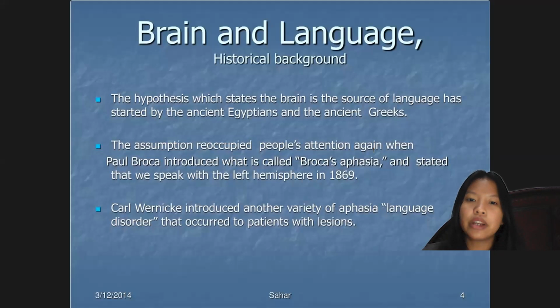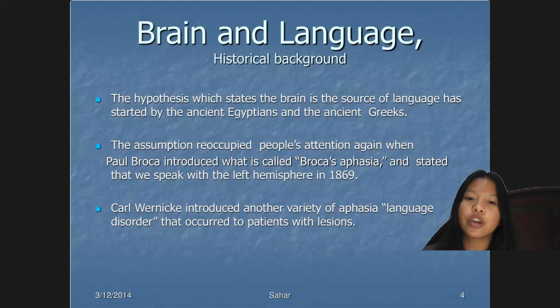Next, about brain and language, and this is a little bit of historical background. The hypothesis which states the brain is the source of language was started by the ancient Egyptians and the ancient Greeks.